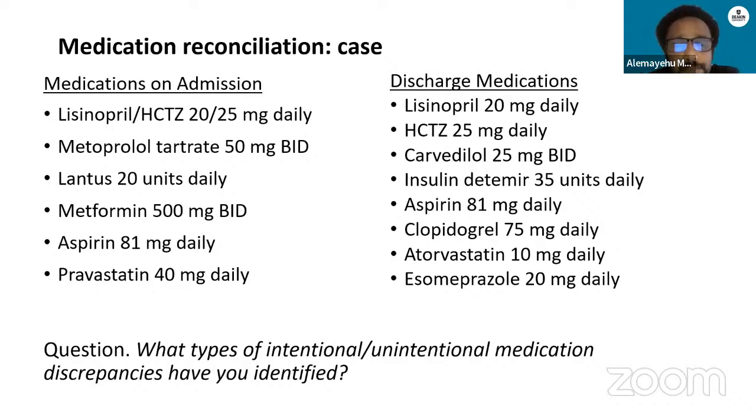It may differ by country. I'm not quite sure, but for example, in Australia, the discharge area is a very important area in addition to the emergency department, because a number of changes are made at the level of discharge.